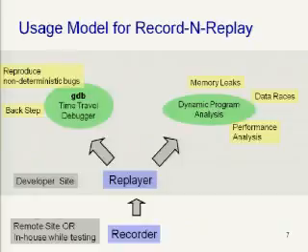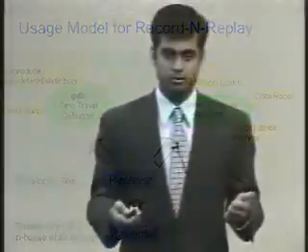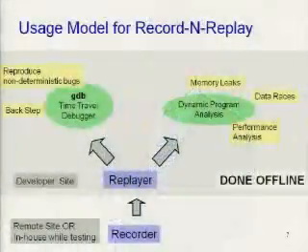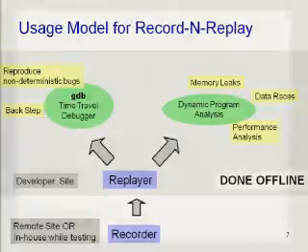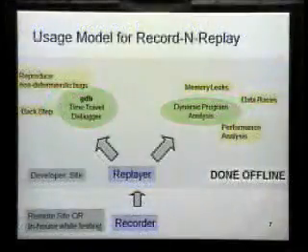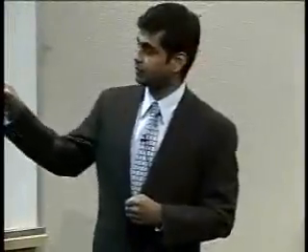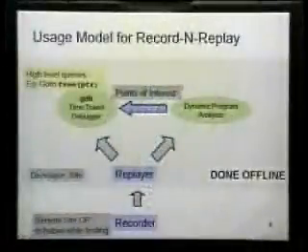Now, we were able to do this dynamic analysis over a program's execution, but the key difference with this infrastructure is that it's all done offline, because it's done while replaying, it's not done at runtime. So suddenly the performance overhead of a dynamic analysis scheme is not a big issue anymore. Not only that, I can have a dynamic analysis scheme that can automatically find these interesting points of events and then give that as feedback to the time travel debugger.